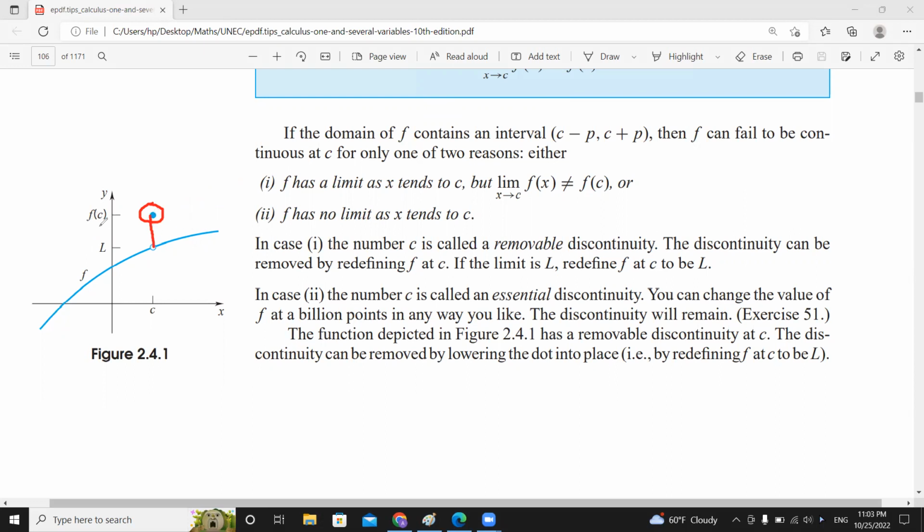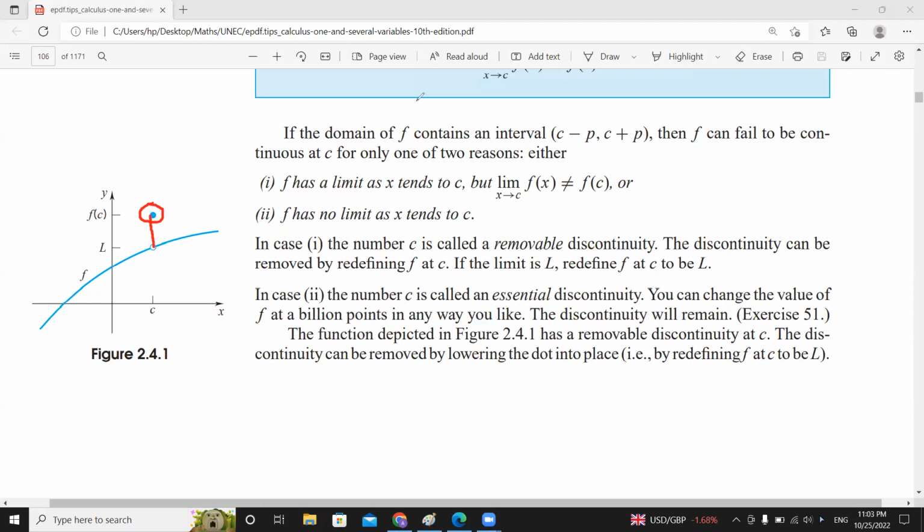In this case, f(c) will be equal to L. So in this way, if we could do this, the violation of continuity would be eliminated. It would be removed. It doesn't mean that we can do it right now, but if we could do it, it could be removed. So in this case, we say that it's a removable discontinuity.